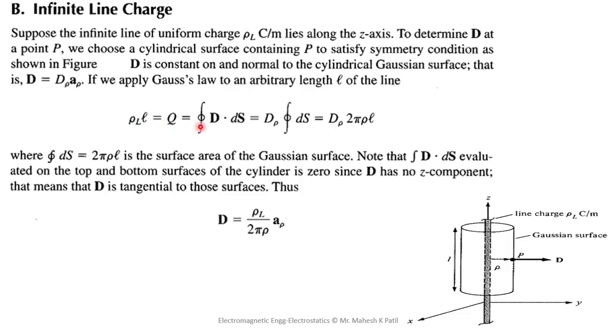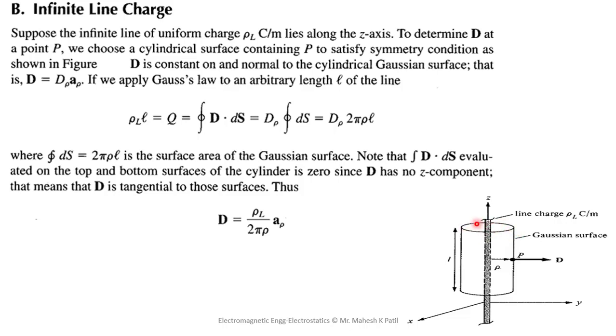It is equal to the closed loop integration of D bar dot dS bar. Now D is going to remain along the radius, meaning it is normal to the cylindrical surface. So we consider that as Dr, closed loop integration dS. Now for this cylinder, we are going to calculate the integration dS. So what is the area for this cylinder?